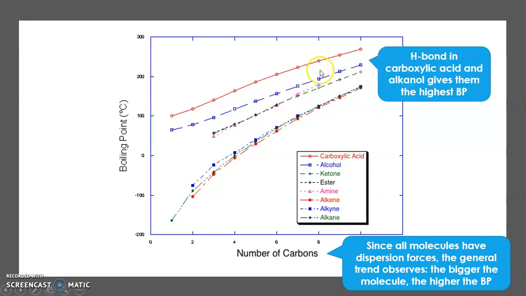Because both molecules have a hydrogen bonded straight to the oxygen, that hydrogen can form a hydrogen bond with another molecule. Okay, so because hydrogen bonds exist in carboxylic acid and alcohol, they will have the highest boiling points.